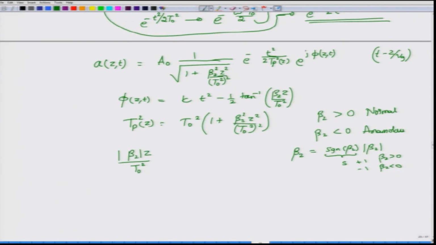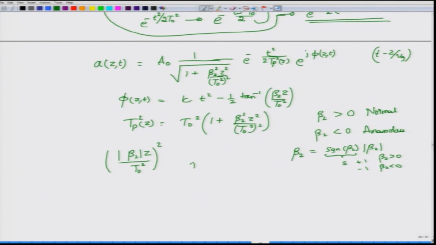So, I can write this term beta 2 square z square by t 0 square as magnitude of beta 2 z by t 0 square, and of course I can put an s here and then square the whole thing. But s is either plus 1 or minus 1, so the square of s is always 1, and what I actually have is beta 2 square z square by t 0 square, which can be written as magnitude of beta 2 z by t 0 square, all squared. Very interesting.